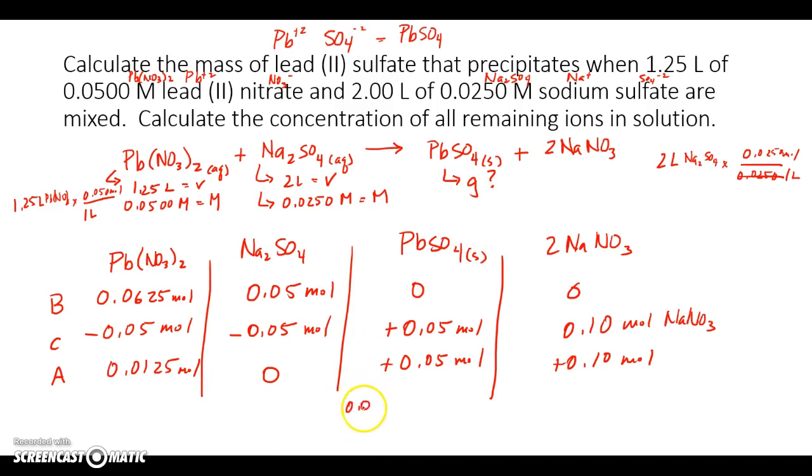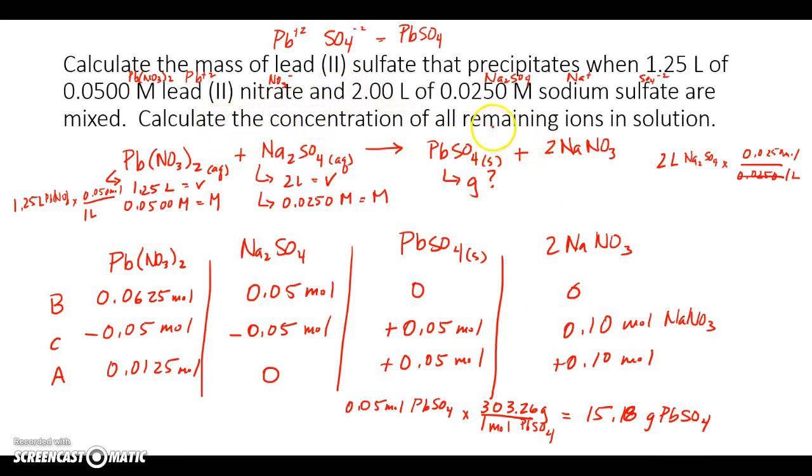So 0.05 moles of PbSO4, and then I just take my molar mass from the periodic table, and that's 303.26 grams, giving me the answer of 15.16 grams of PbSO4. So that answers that question.